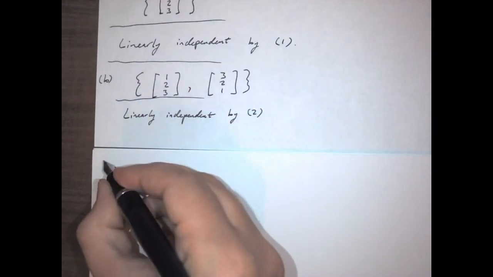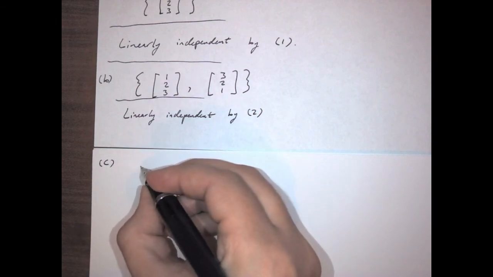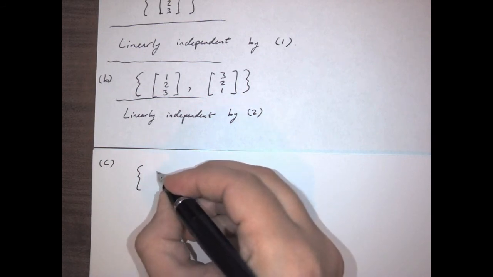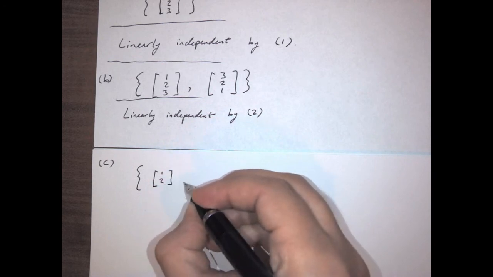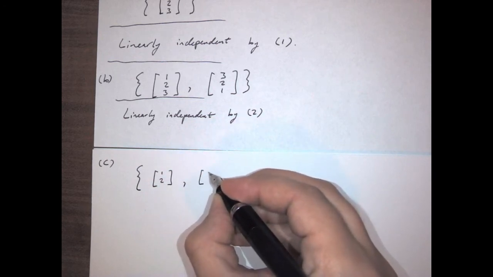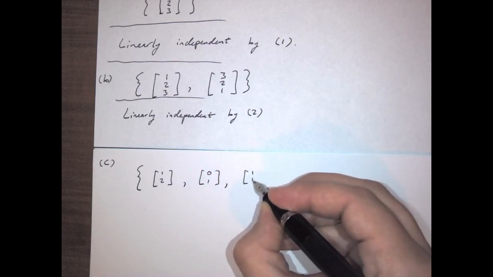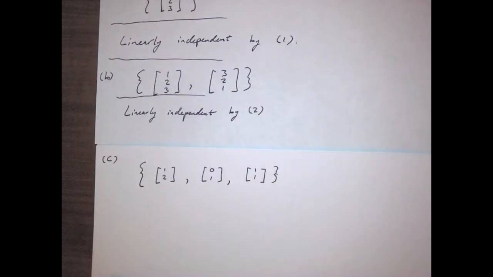Let's say now we have something like this. Let's say we had 3 vectors, each with 2 entries: 1, 2, 0, 1, 1, 1. So what we've got here is a nice little situation. 3 vectors, each with 2 entries. Are they linearly independent or dependent?